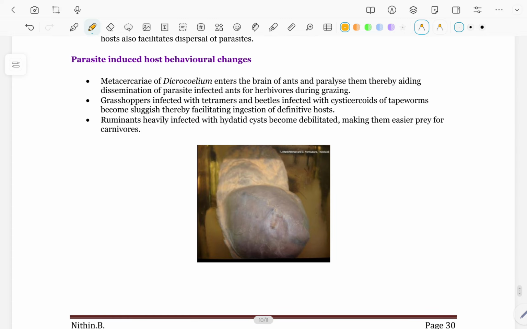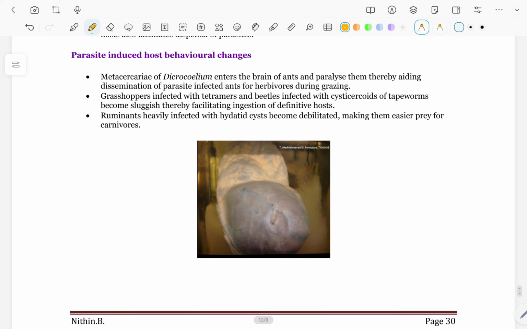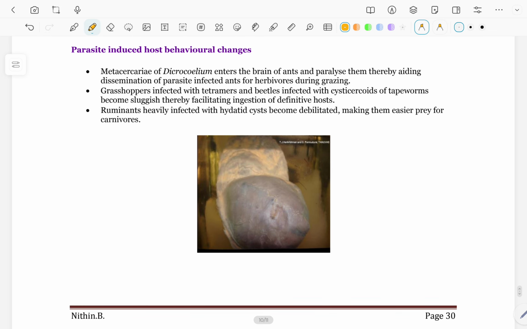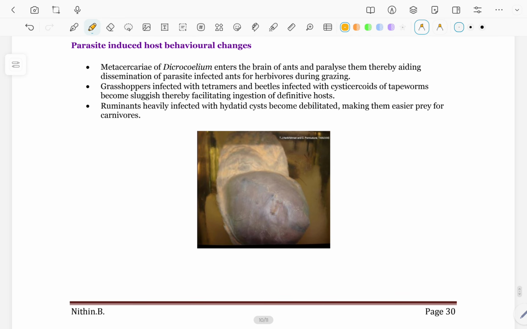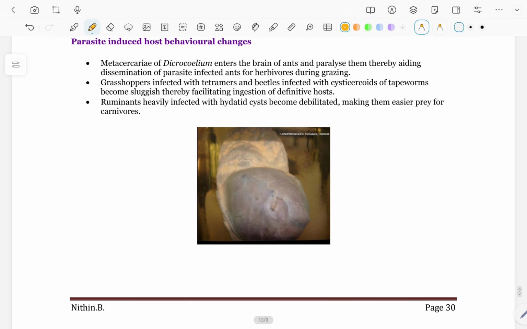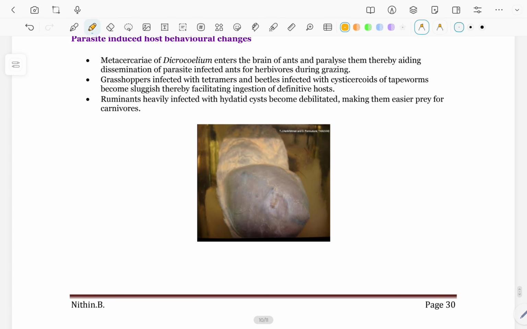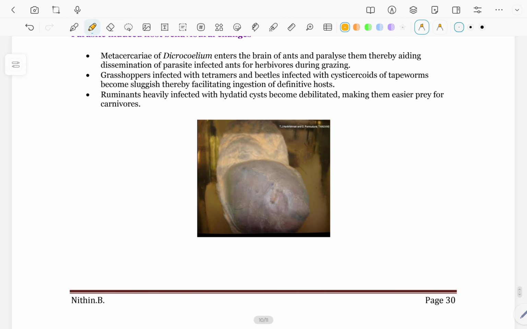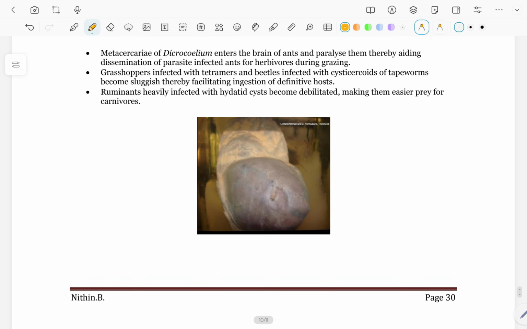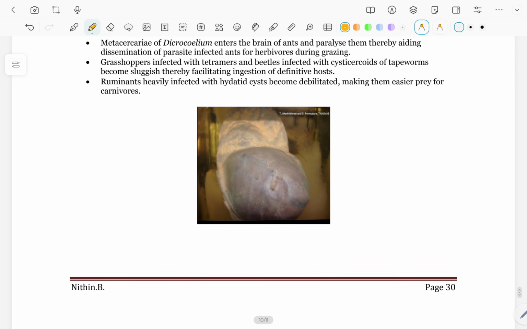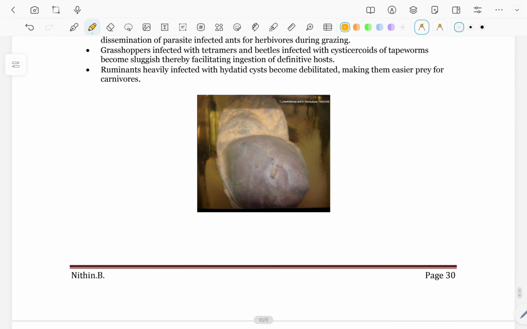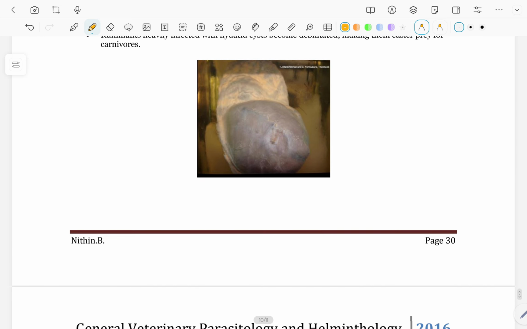Grasshoppers infected with Tetrameres and beetles infected with cysticercoids of tapeworm become sluggish, thereby facilitating ingestion by the definitive host. Ruminants heavily infected with hydatid disease become debilitated, making them easier prey for carnivores.